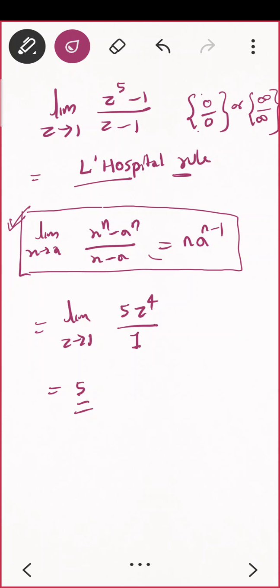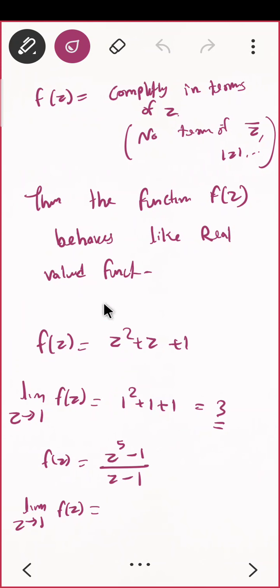Now I could do this only because the function was only in terms of z. So the first thing to solve any limit, continuity, differentiability, which I told you behave alike, is that if I take the derivative of this, I can take it as I was doing in real cases.